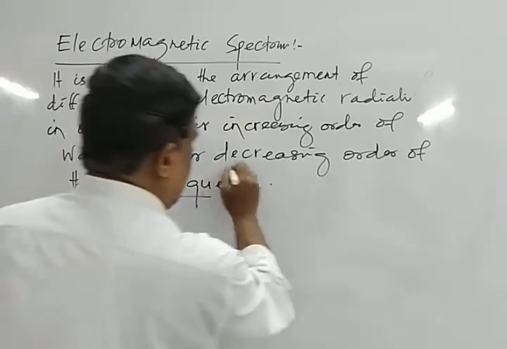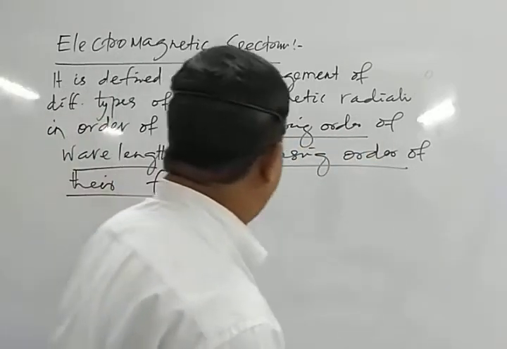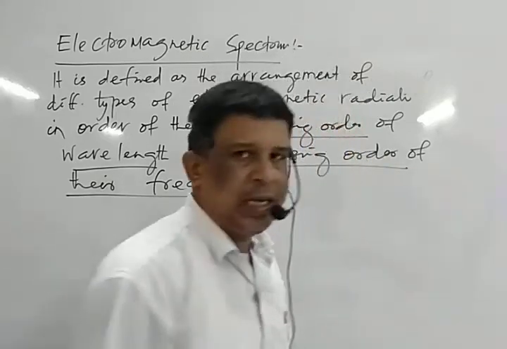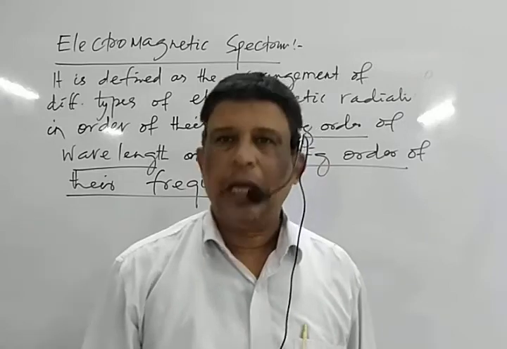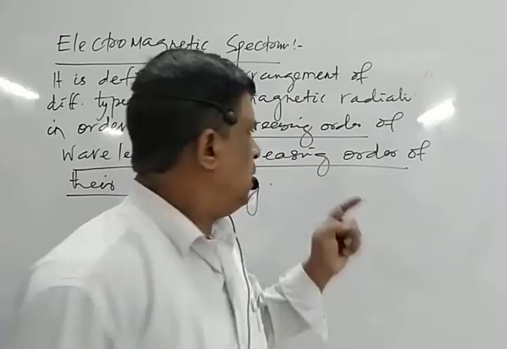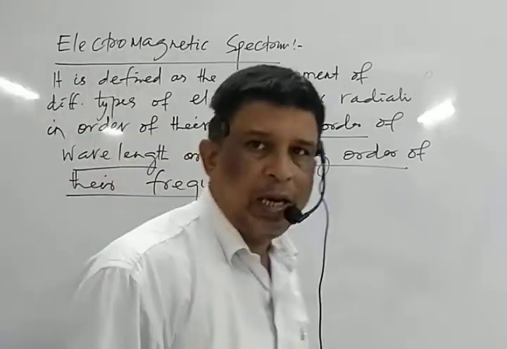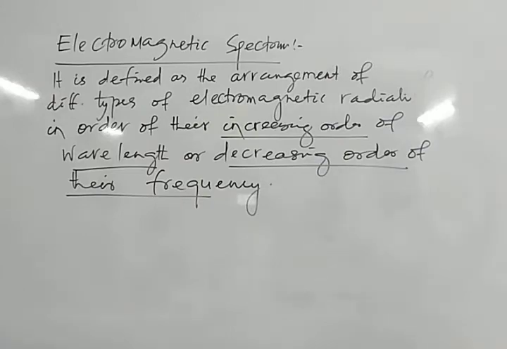If we arrange the different energy radiations, that is UV ray, X-ray, IR ray, cosmic ray, visible ray, all the energy radiations, in increasing order of wavelength or decreasing order of frequency, then this arrangement is known as electromagnetic spectrum.